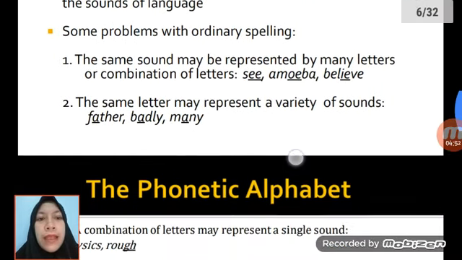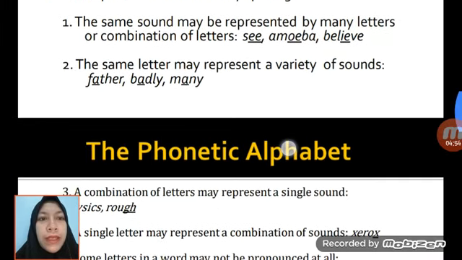The other problem with ordinary spelling is that the same letter may represent a variety of sounds. For example, letter A in father has the sound ah, a longer ah. But in badly, the letter A is pronounced differently.